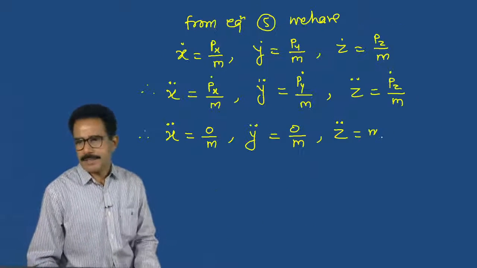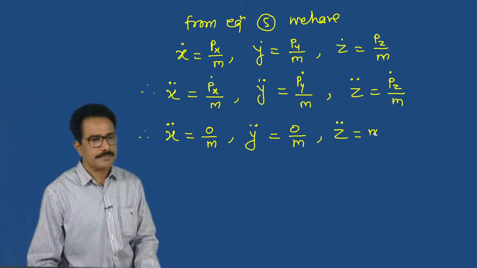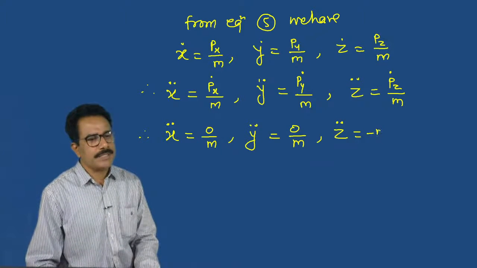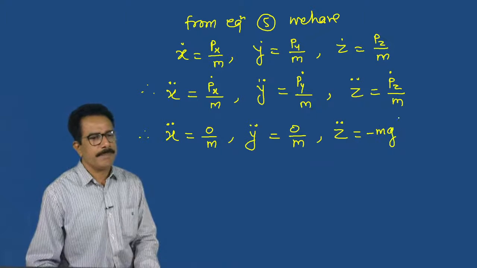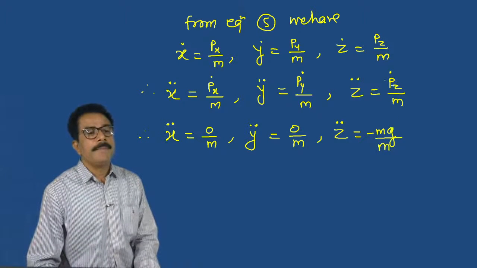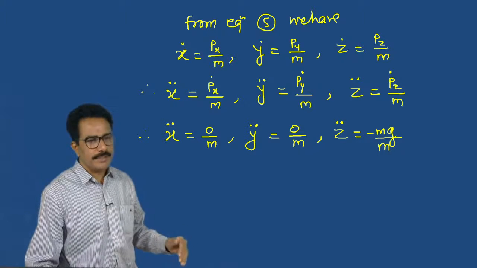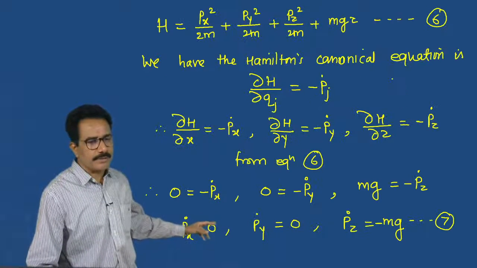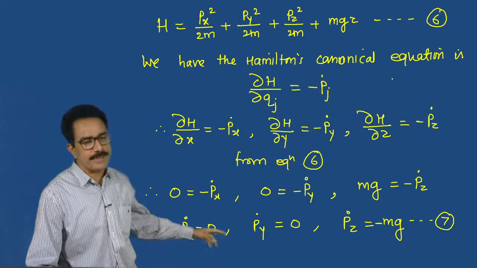So minus mg divided by m, pz dot means minus mg.